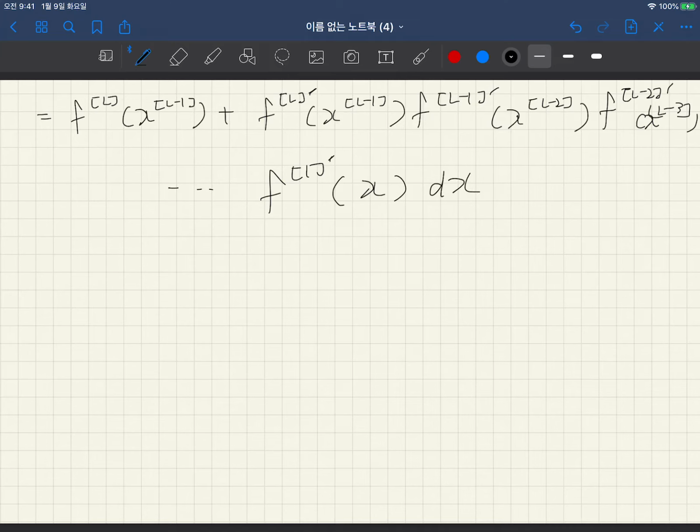Okay, so this is the output y, and this is essentially equal to f(x).